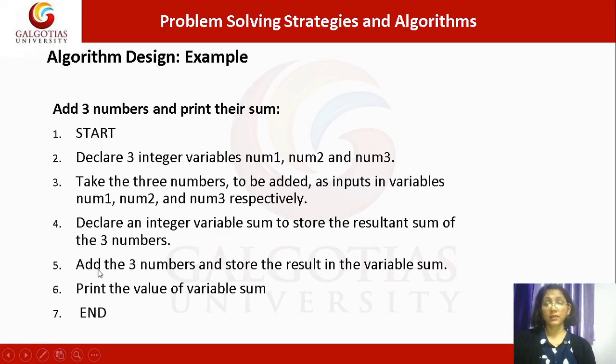And in the fifth statement, we are writing: add the three numbers and store the result in sum. And finally, in the sixth statement, the output statement, we are printing the value of sum, and finally end. Now, students, if you observe thoroughly, each statement is unambiguous. Moreover, while writing it, we are not following the syntax of any programming language.